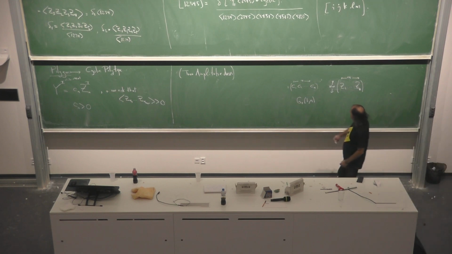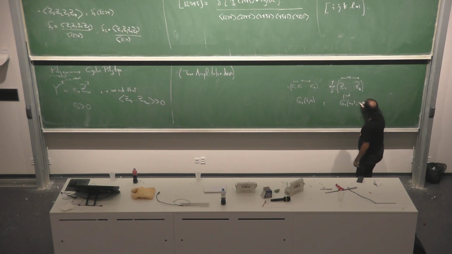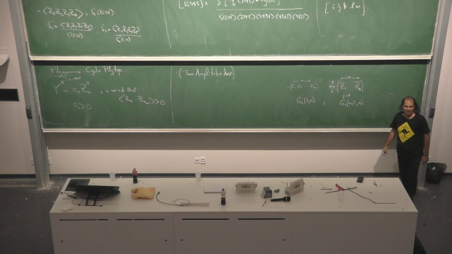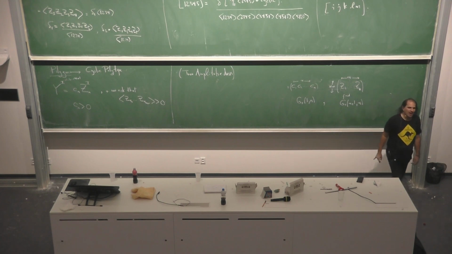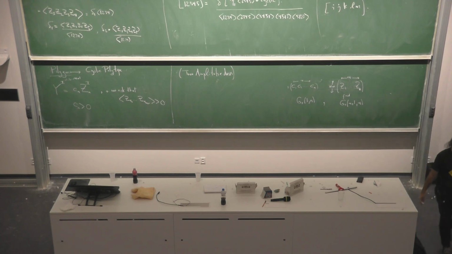I have the positive Grassmannian of 1 comma n, and I have my external data, which is fixed, but positive in the sense of m plus 1 comma n. But I'm scanning and varying over all the possible positive values of the c's.